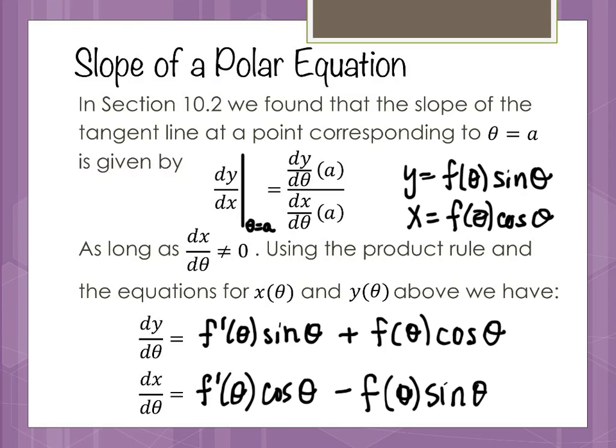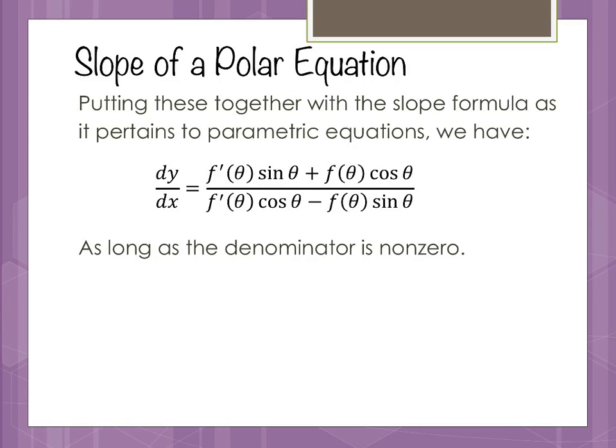Okay, great. Now what we're going to do is use those and combine it with the result above, and we're going to write dy dx as f prime of theta sine theta plus f of theta cosine theta divided by f prime of theta cosine theta minus f of theta sine theta. So you're just combining them into one expression using those last two results.